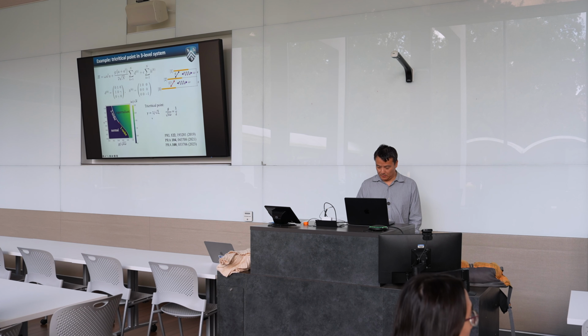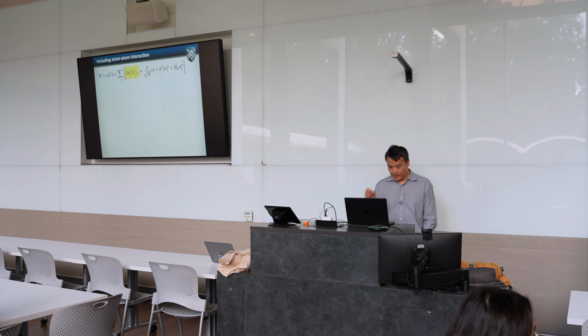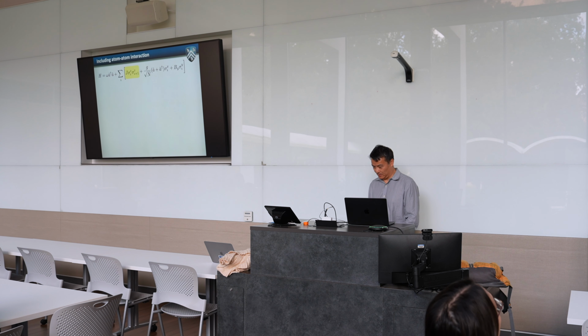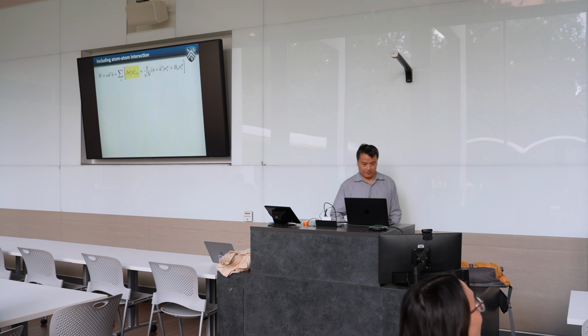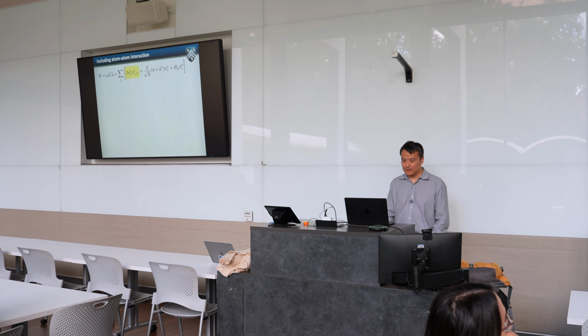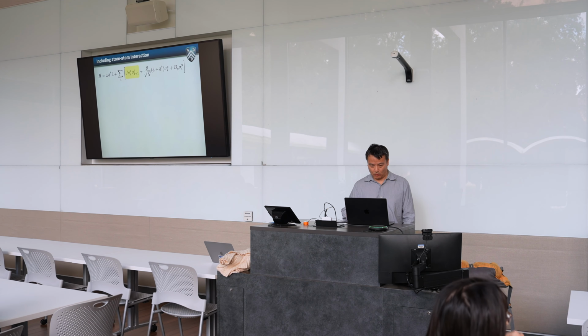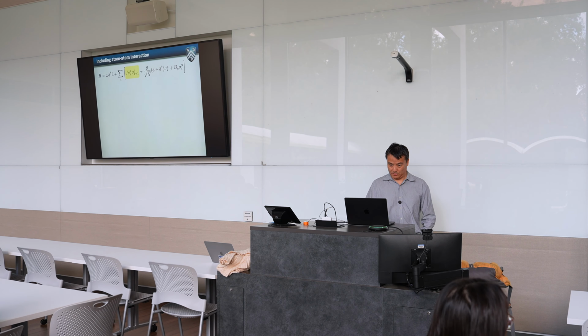All right. So my final topic is adding the atom-atom interaction. As I mentioned, in the traditional Dicke model, we do not have direct atomic interactions included, even though the photons can induce some effective all-to-all atom-atom interaction.